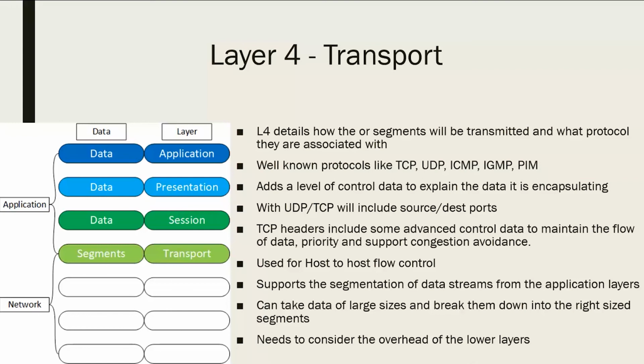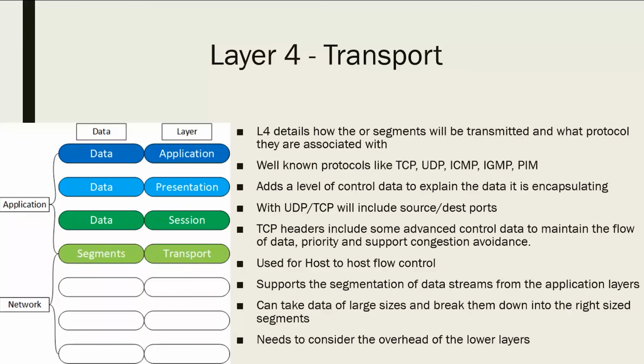And we're also, in some senses, looking at congestion avoidance. So at this layer, we're dealing with certainly TCP, right? We're dealing with some advanced control information to make sure that we can do these advanced things like congestion avoidance, like flow control, and making sure that we're sending at the right rate rather than just throwing it down the stack and letting the network deal with it.